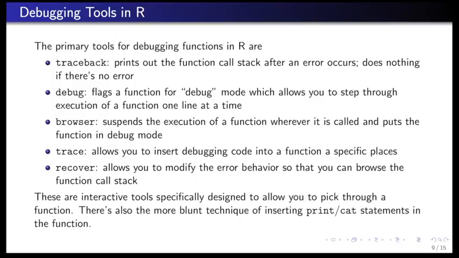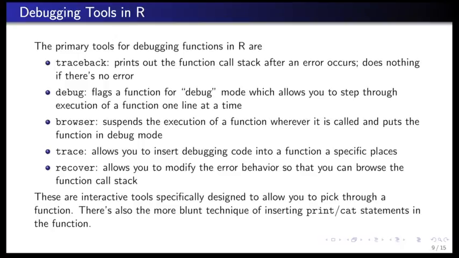The trace function allows you to insert debugging code into a function without actually editing the function itself. And this is handy if you're debugging someone else's code, right? So for example, there's code in a package, and you can't easily edit the code in that package, or there's code in base R itself, or something like that.